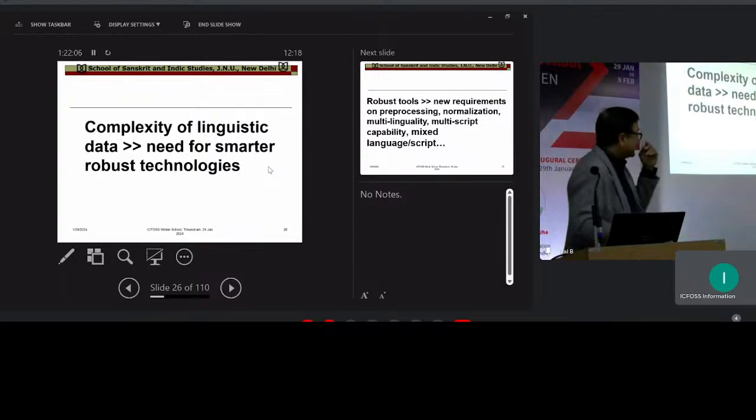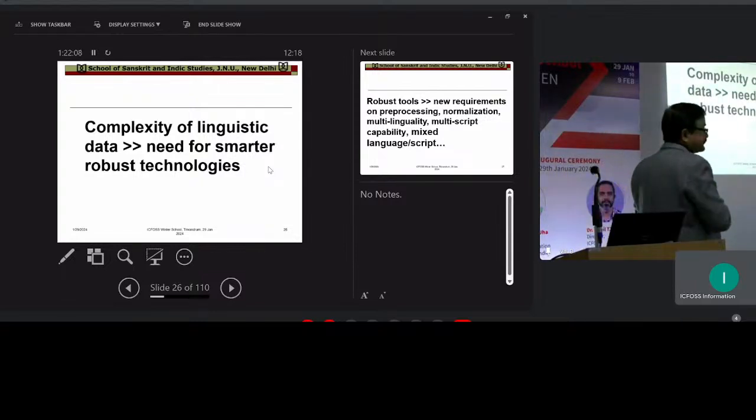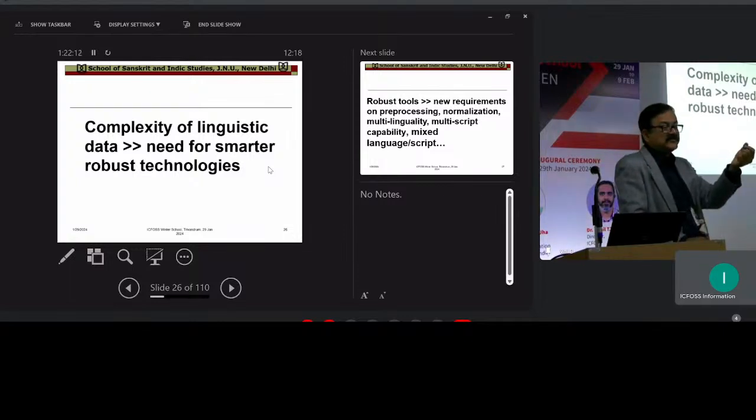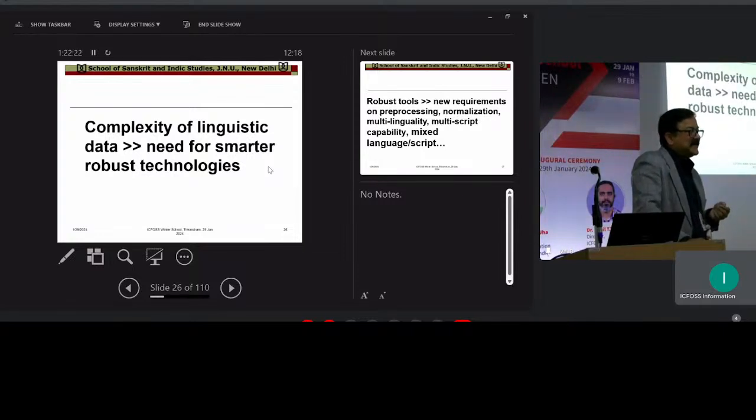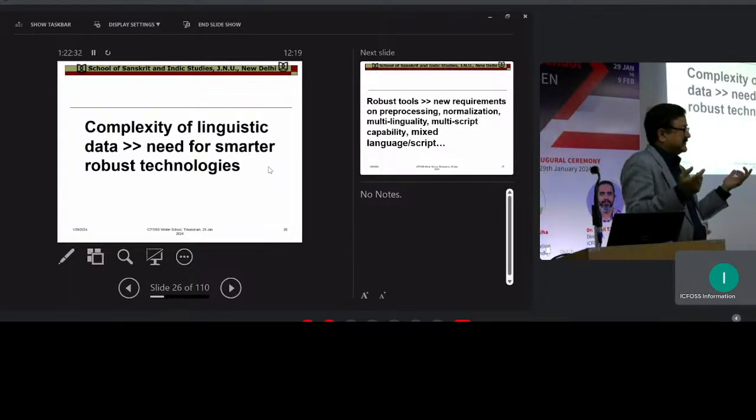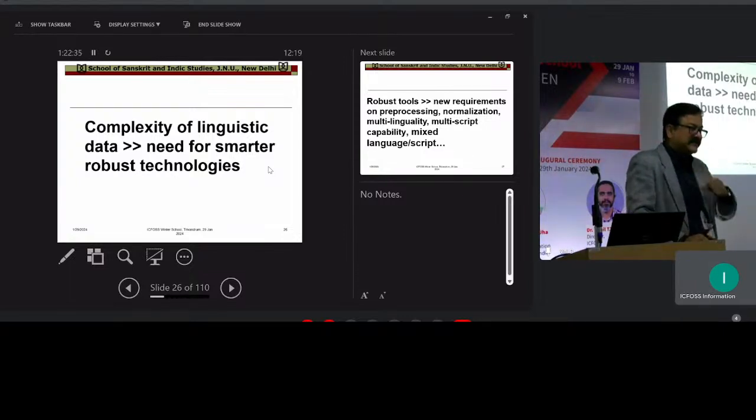Now, the complexity of linguistic data. Look at social media data, Twitter data. We use very small words. We use emojis. I was talking to one of my teenage relatives, my niece, and talking to her for 5 minutes, I got a new English language that is emerging on school campuses.